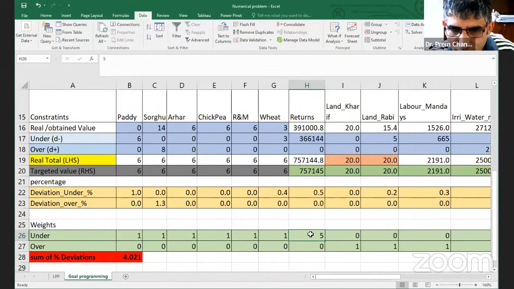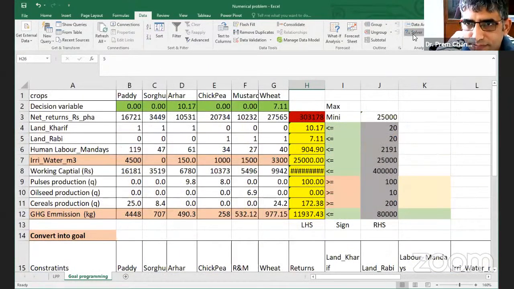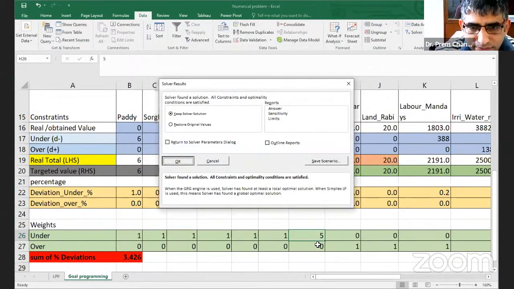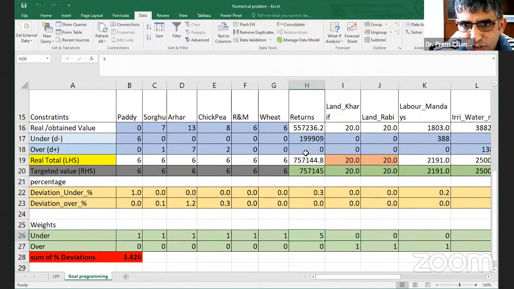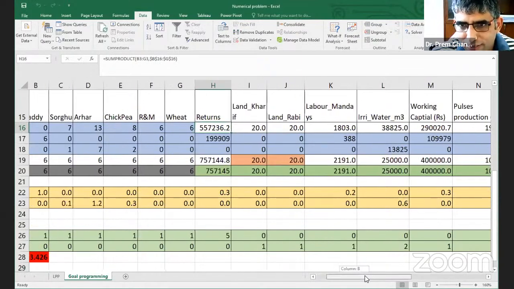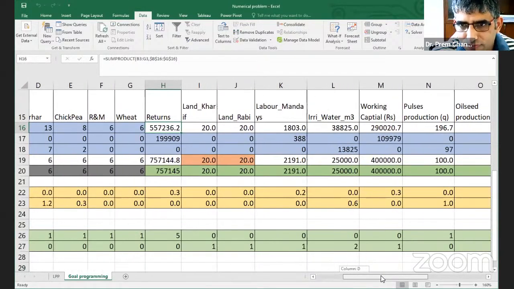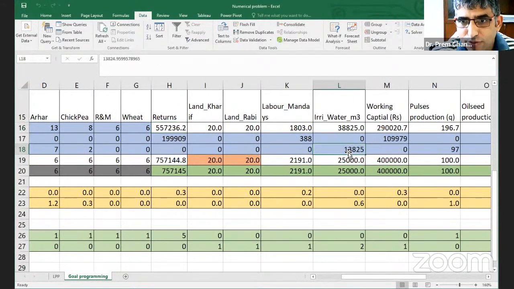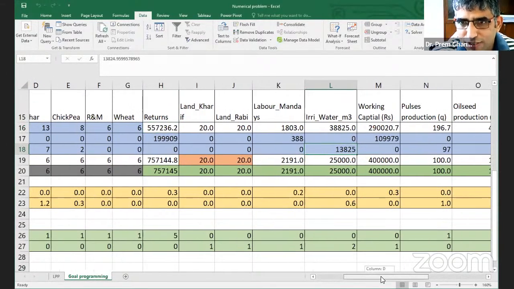Then I have given weightage to return. We'll solve it again. See. Okay. You see, return has been increased. But what is required? He will require more water. He has to arrange more water.